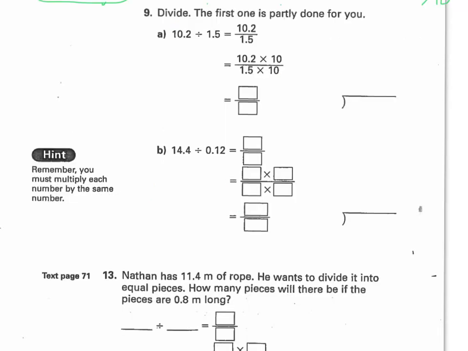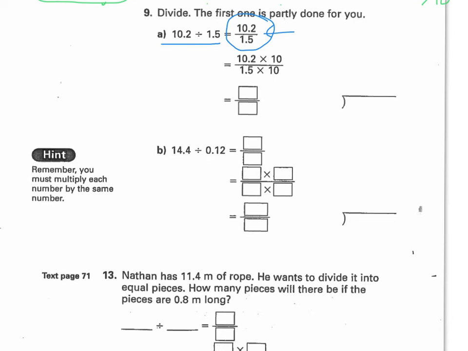Now we're going to divide using the other method. The question is 10.2 divided by 1.5. I'm going to rewrite it in a ratio form, another way of showing division. I'm going to multiply both numbers by 10.